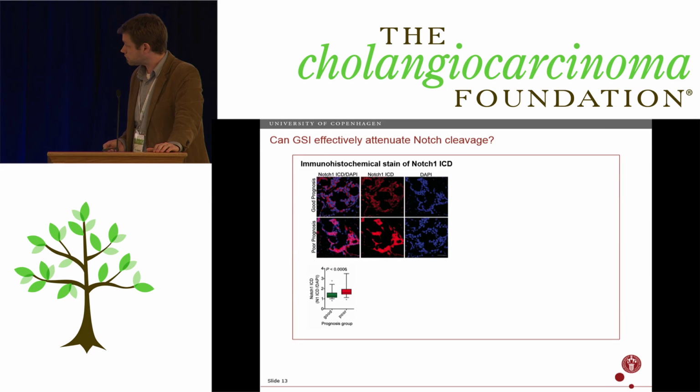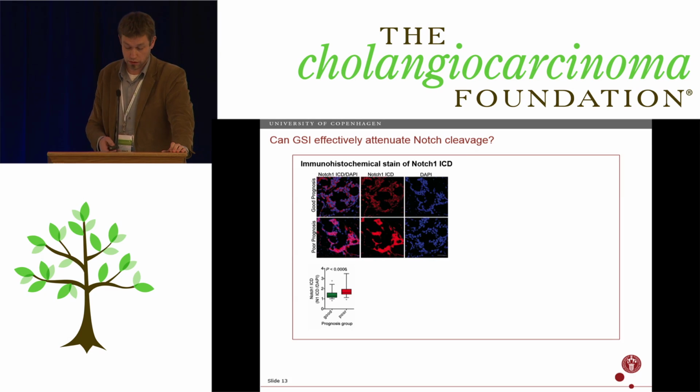So before doing any experiments with the gamma secretase inhibitors, we wanted to make sure that NOTCH truly was activated in these patients. So we did stains of both the total NOTCH1 as well as the activated part of NOTCH, the NICD component that we have already heard about.